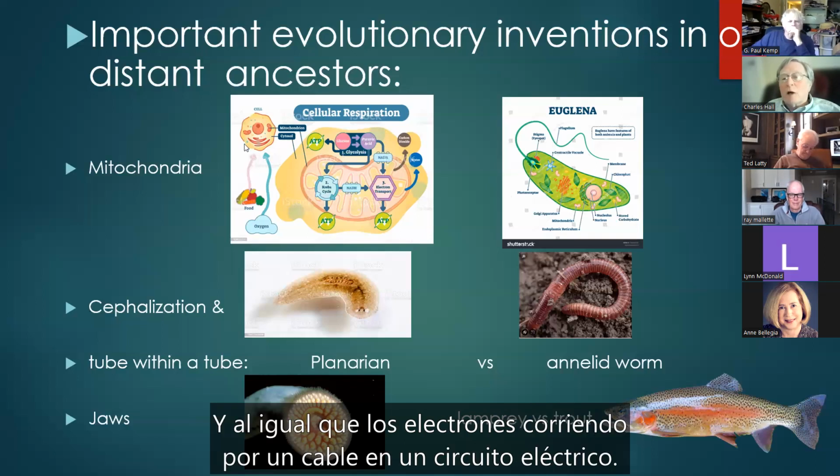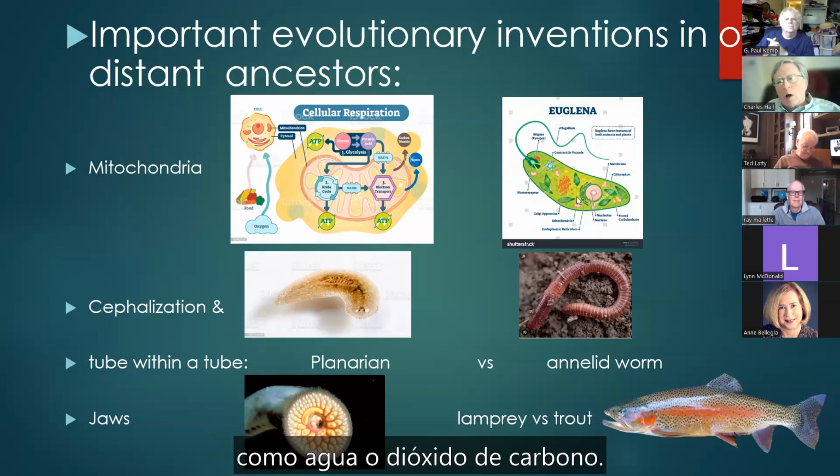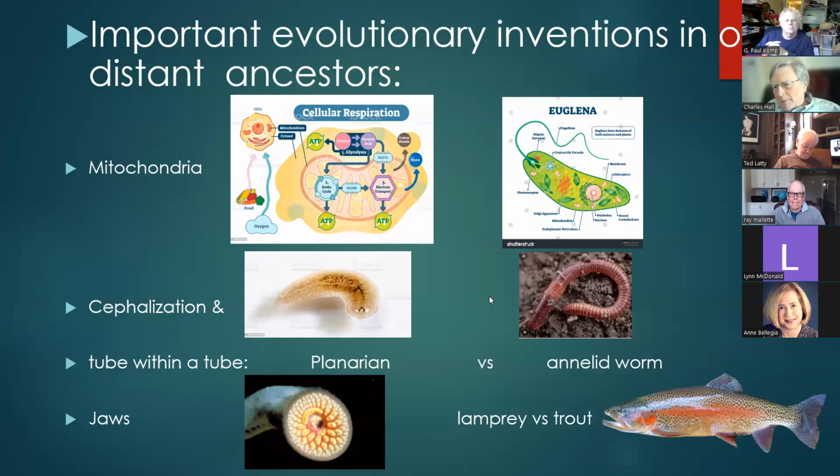And just like electrons running around in a wire in an electrical circuit, they carry energy with them. And this energy is used until it ends up as water or carbon dioxide from the process.